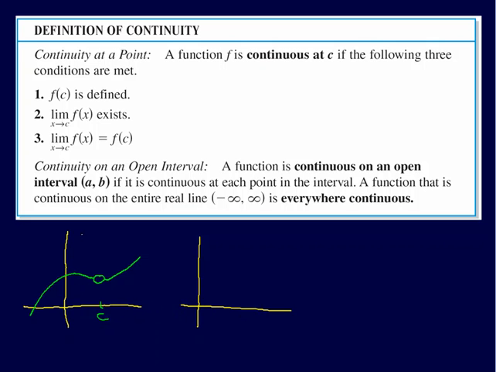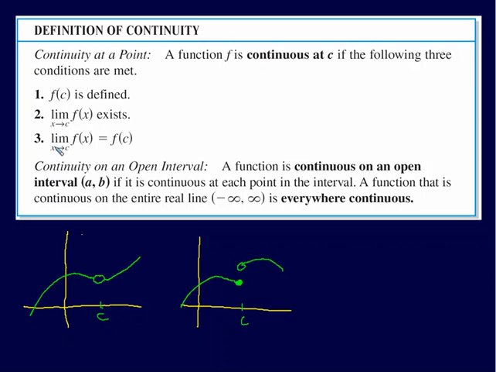I'll mark c, and I'll draw my graph, but this time I may even have a defined point, but unfortunately no limit, because maybe I'll come from the other side and approach a different point. So this time I have the value of the function, so I could check the first item in my checklist, but I cannot check the second one because coming from the left and coming from the right, we're approaching different values.